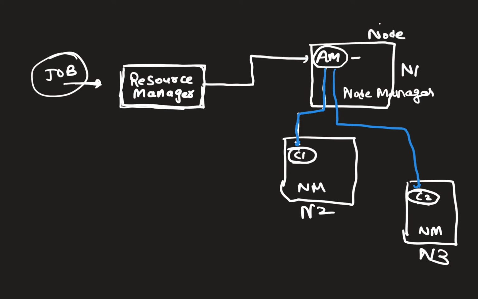So resource manager communicates with node manager and negotiates the resources, and after negotiating the resources, once it gets the confirmation back from the node manager that okay, resources are available, it launches application master, and then after that different containers are launched for that particular job. And this only happens after resource manager has confirmed that resources are available, and the confirmation is given by node manager. So node manager, you can think of it as a process running on every node.